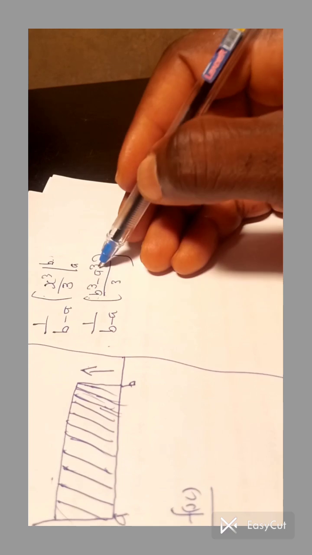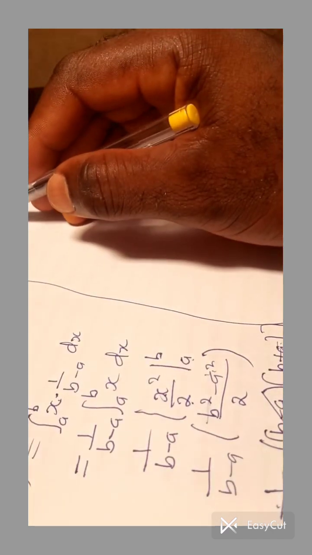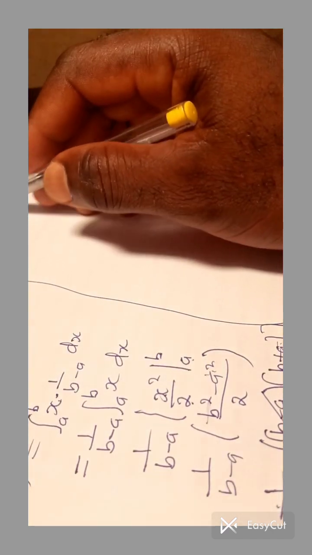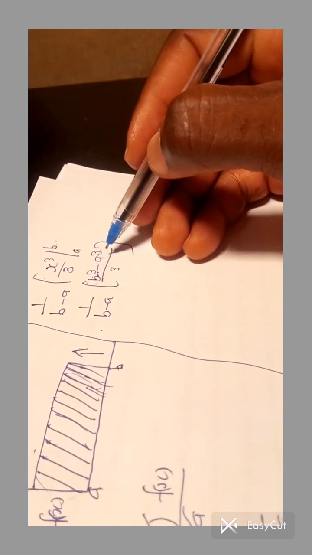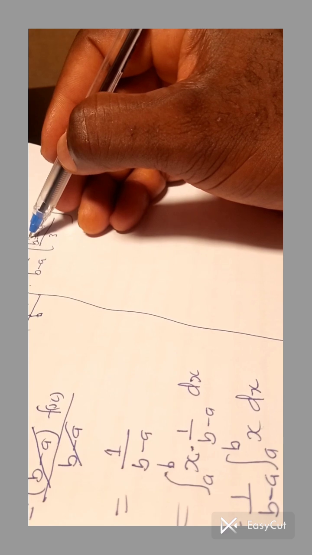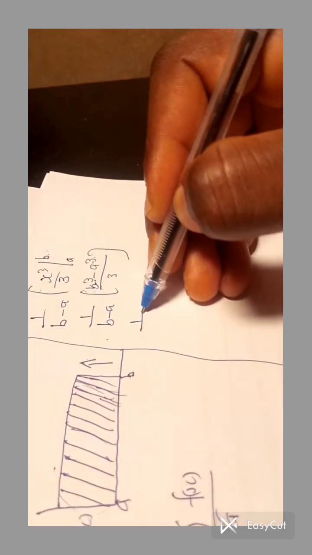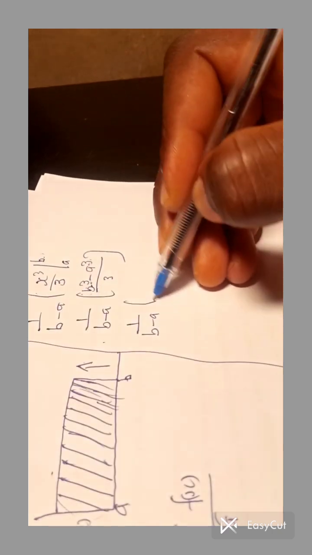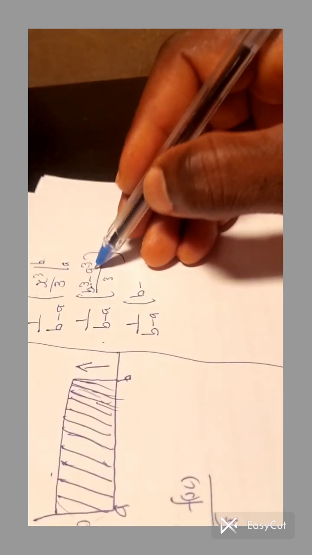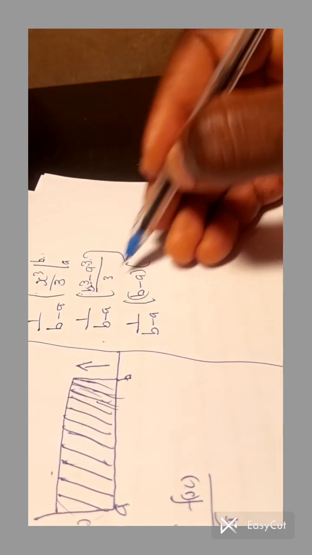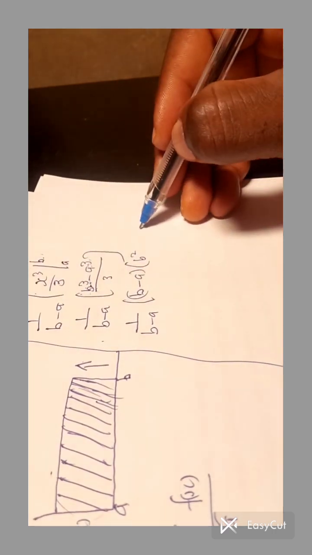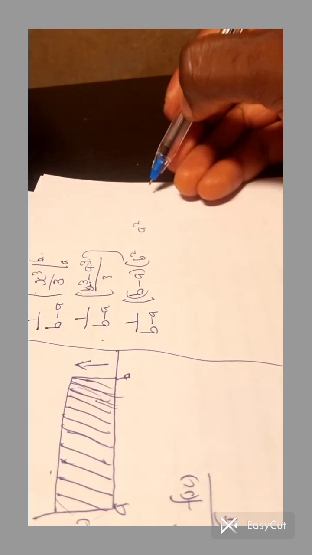And this looks different from this particular one. And so because both of them have the power of 3, we are going to take one out, so we can be left with the power of 2 for each of them. And how do we do that? We are going to say b minus a, then we are left with b squared and a squared on both ends.